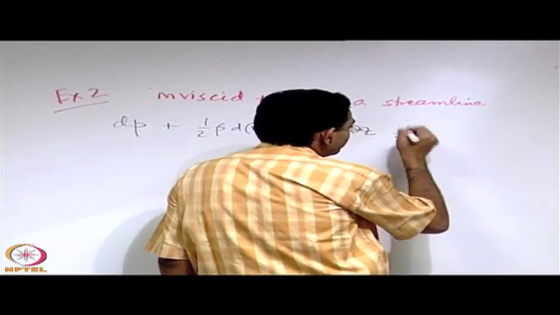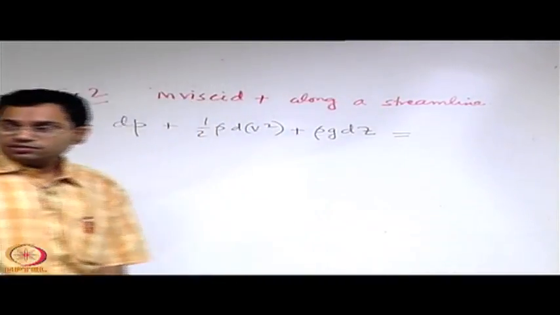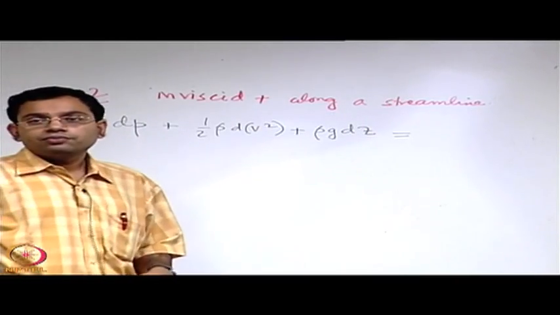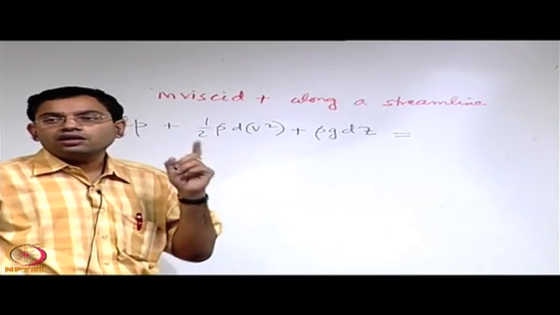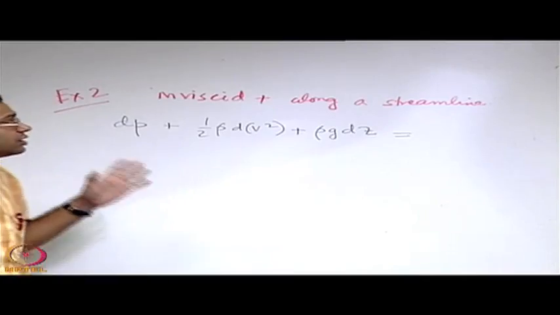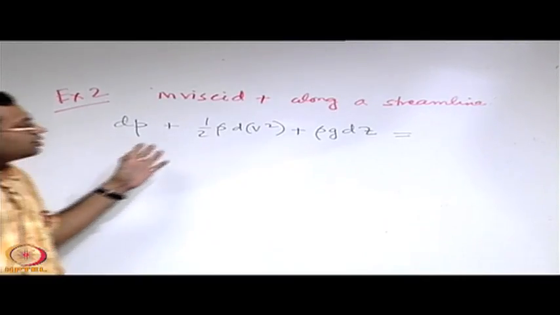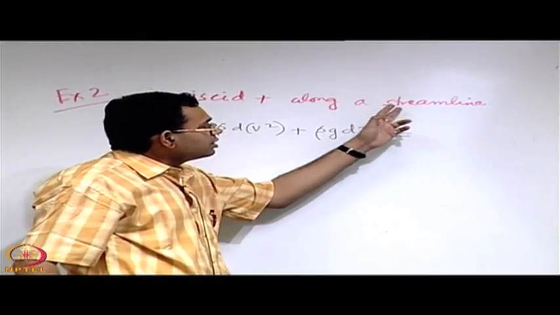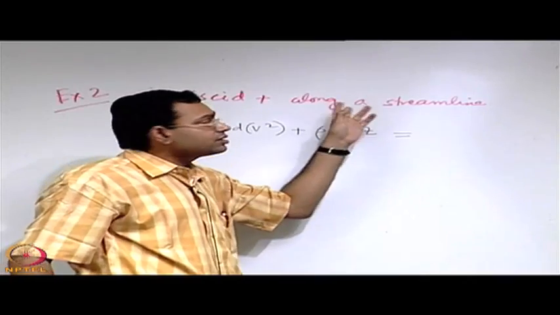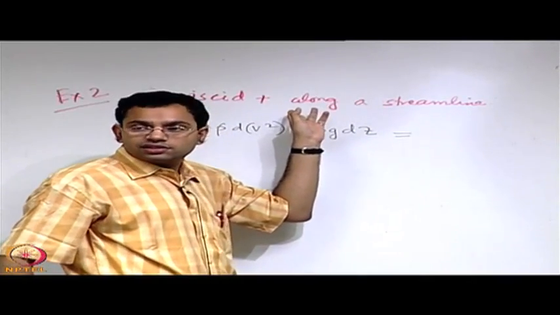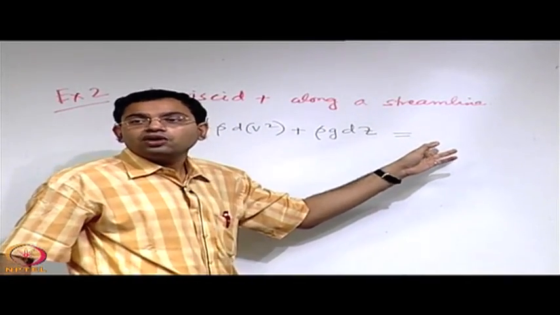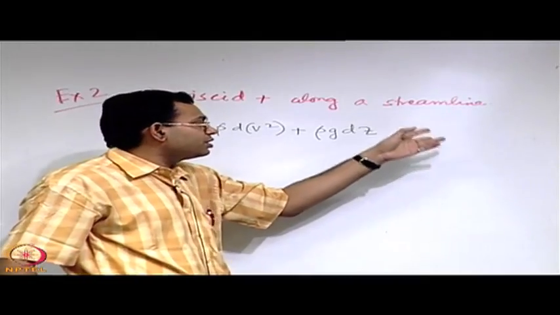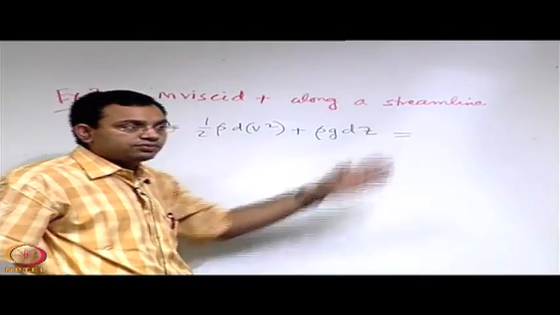This was equal to, now 2 extra terms were there which we dropped off by consideration of steady flow and along a streamline. So now the term which is there along a streamline that is dropped, but the term which is there because of unsteadiness, that now will not be dropped because now we are considering the unsteady flow.